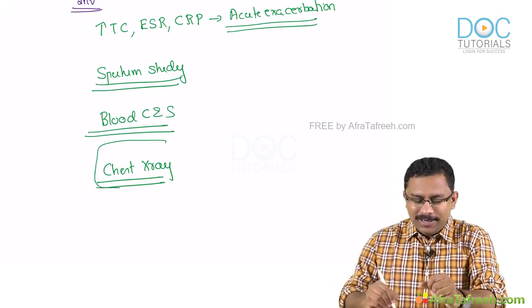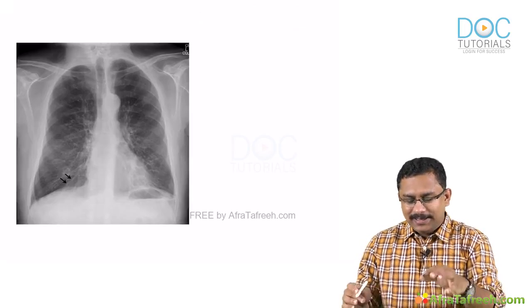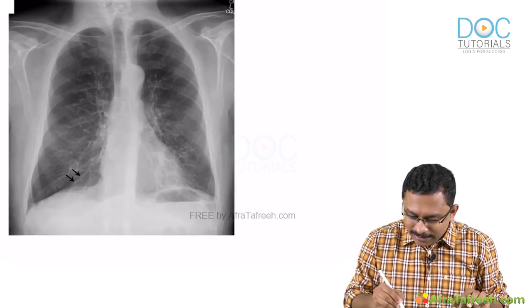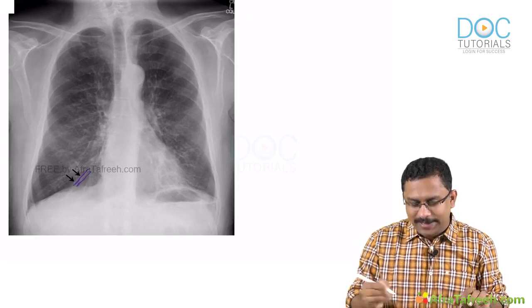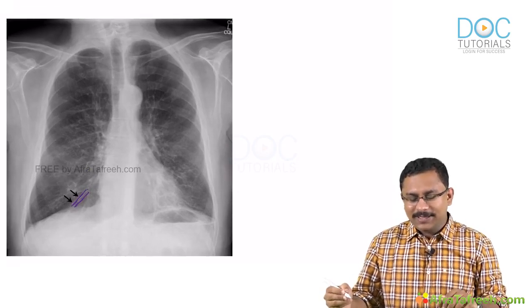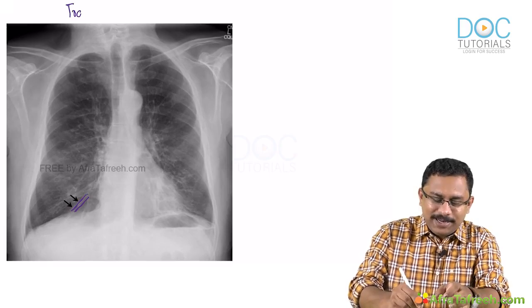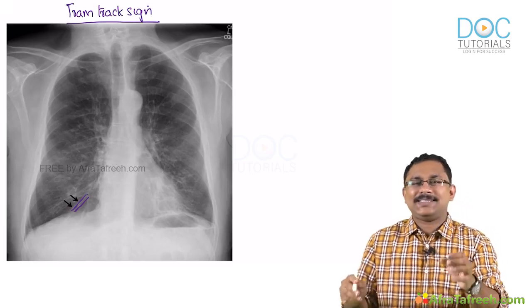So when you do a chest x-ray, you might see that the bronchi are a bit dilated. You can see the arrow pointing here to the parallel dilated bronchi, and this particular sign is referred to as the tram track sign. So remember, the tram track sign may be seen on the chest x-ray.